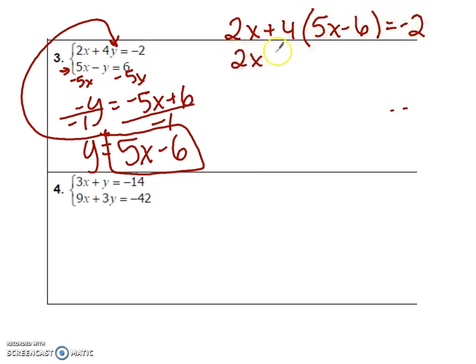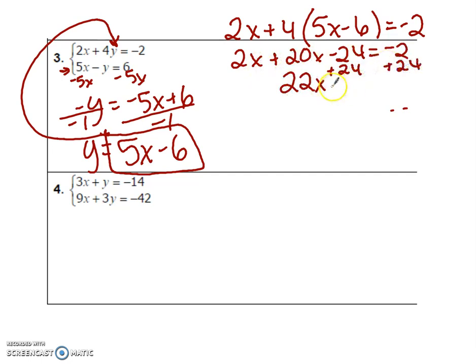Okay, so we get 2x plus 4 times 5x is 20x. 4 times -6 is -24 equals -2. Combine like terms, we get 22x. I'm going to go ahead and skip a step here and add 24, which gives us 22. So x equals 1. Now take it back into an original equation.